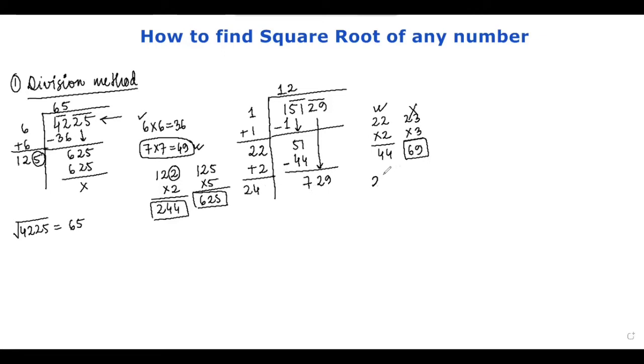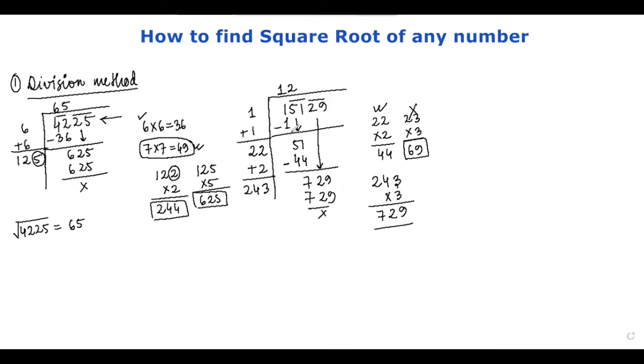We'll add a digit after 24 and multiply the whole number with the same digit also. So here I'm going to multiply this number with 3. Let's check: 3 3s are 9, 3 4s are 12, and 3 2s are 6, and carry 1, 729. So we are getting exactly 729.